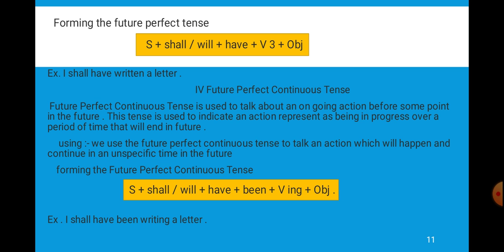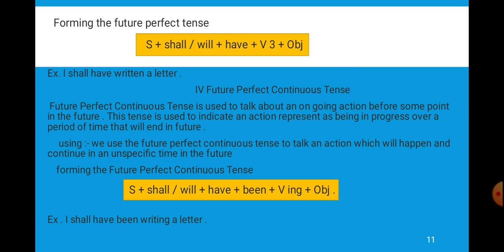Now it is the last tense, future perfect continuous tense. Future perfect continuous tense is used to talk about an ongoing action before some point in the future. This tense is used to indicate an action in progress or a period of time that will end in the future.